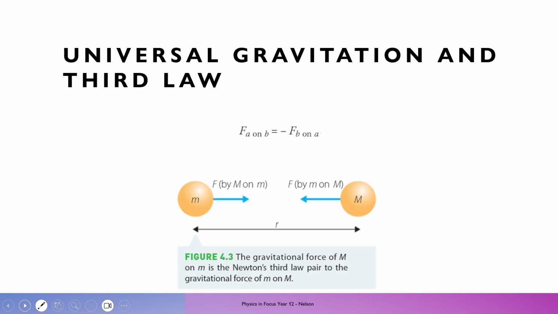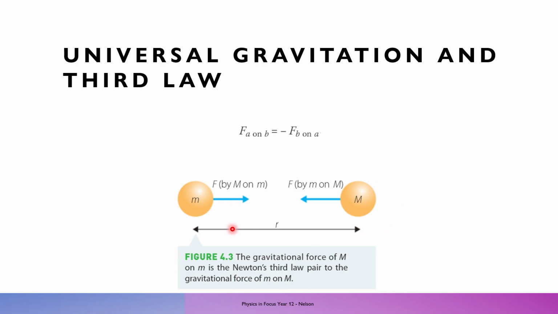So when we start to apply the concept of universal gravitation to Newton's third law, as we know, when a force is applied on an object, an equal and opposite force is applied in return. When we look at gravitational force, there is no exception here.